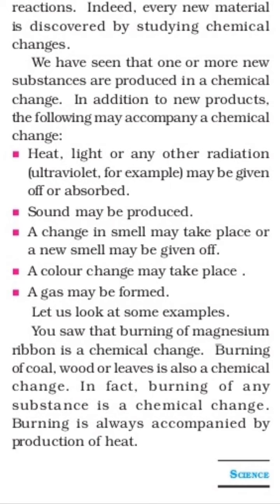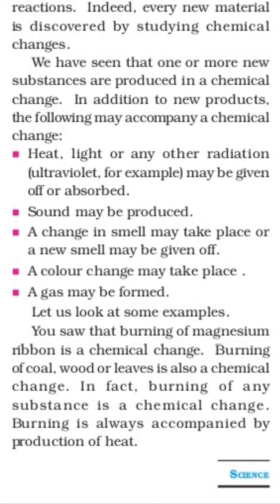Now, when we saw all the examples of chemical change, you saw that burning of magnesium ribbon is a chemical change. We already learned that when magnesium ribbon is burned, it forms magnesium oxide.